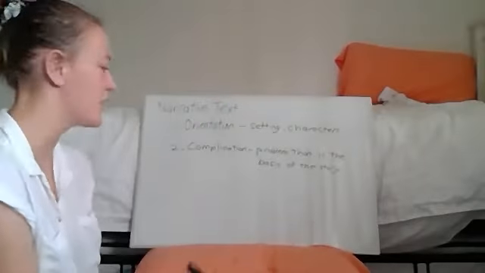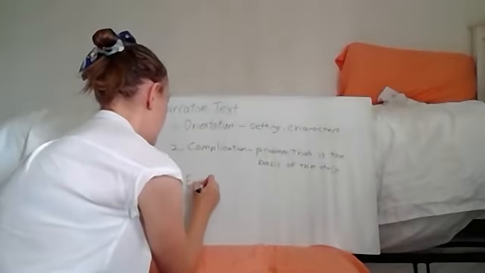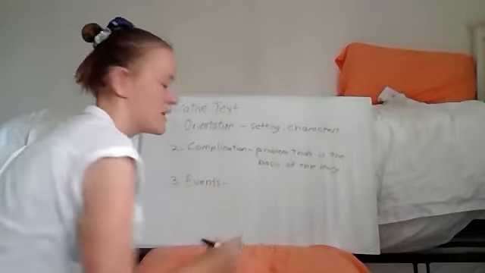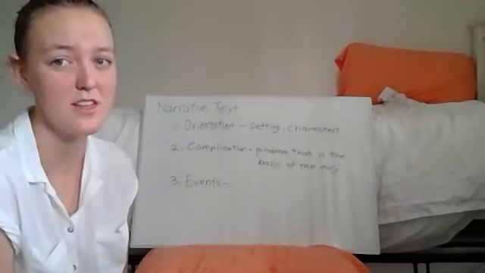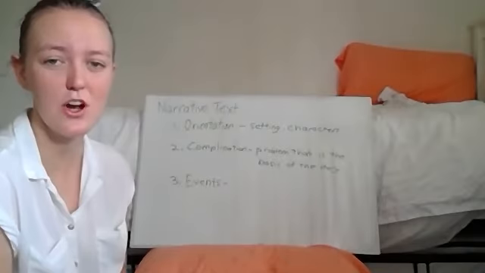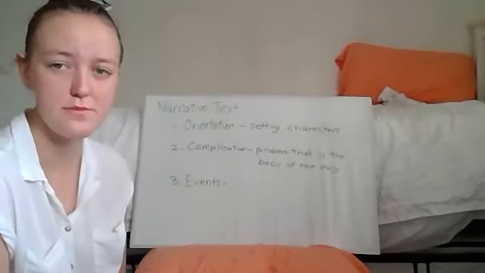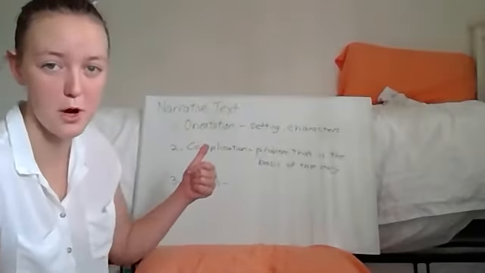And then the third one are the events. And this one might be a little bit tricky because in most stories there's more than one event, because if there's just one event, then it might be a little bit boring for the reader to listen to. So an event can be more than one, and it is based to solve the problem.